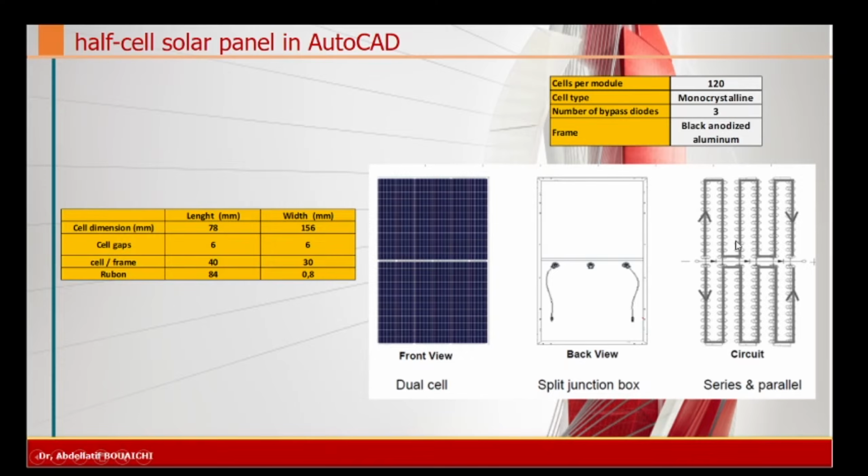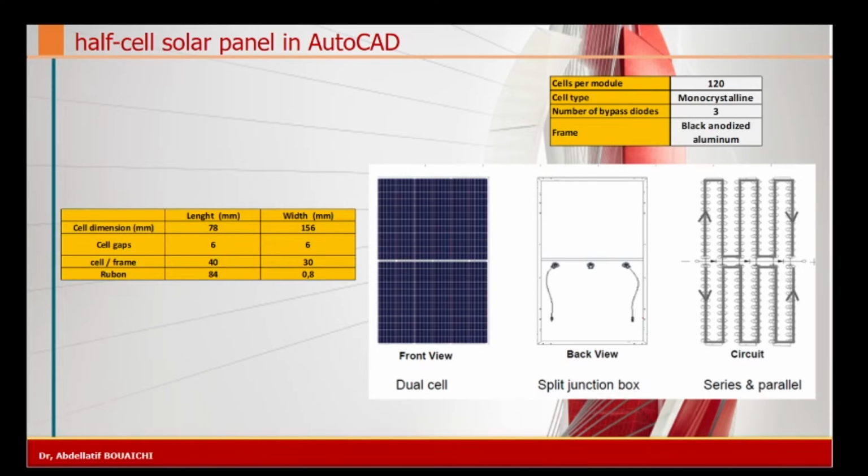The two connected series cells are connected in parallel to have an output current, which is the assembly of the two cell string.